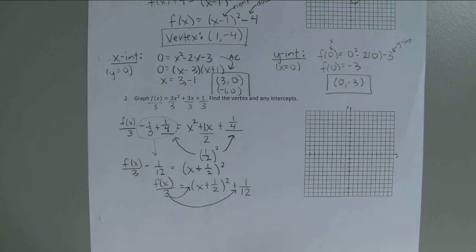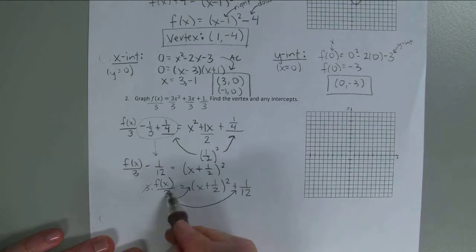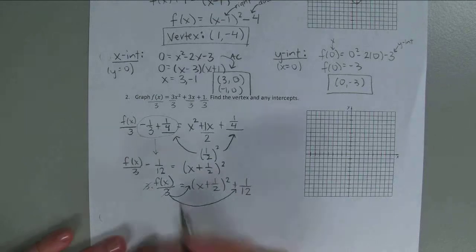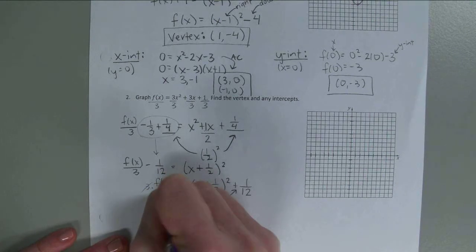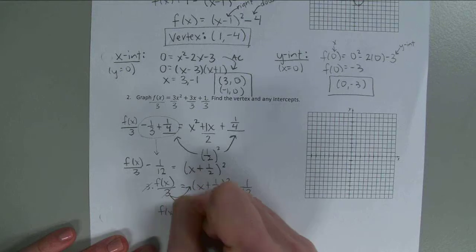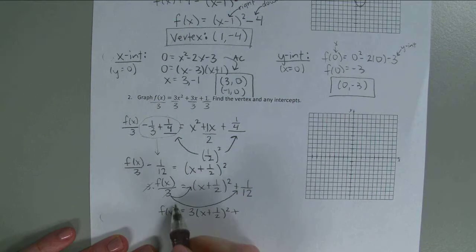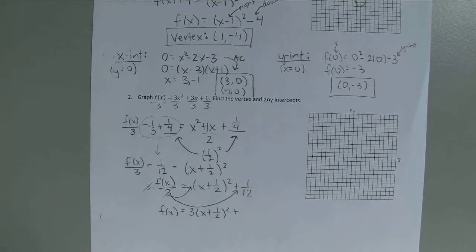And if we multiply this side by 3, it's just going to cancel out, right? So that's why we're doing it. So we're going to have f of x equals a 3 in front of that quantity, so 3 times x plus 1/2 squared, plus, what's 3 times 1/12? Again, throw that in your calculator and hit math frac, and what do you get?